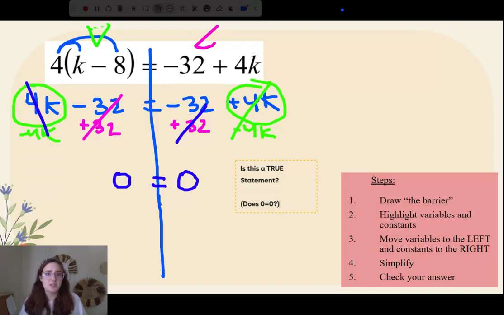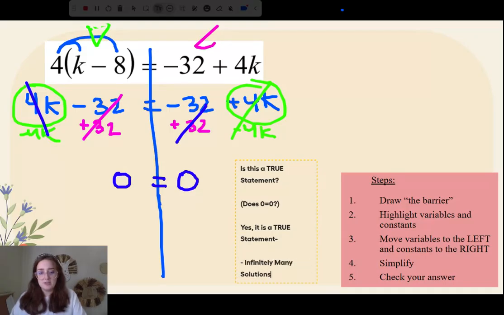Yeah, 0 equals 0. That's the same thing. They're equal. So in this case, yes, it's a true statement, which means we have all real numbers or infinitely many solutions. So either one. Infinitely many solutions or we can say all real numbers.